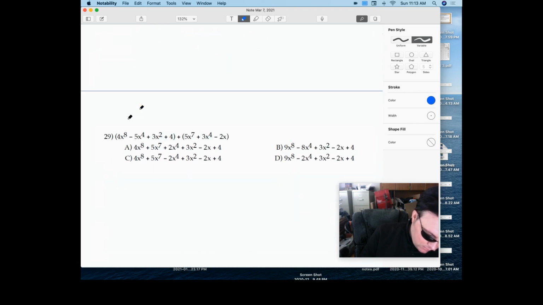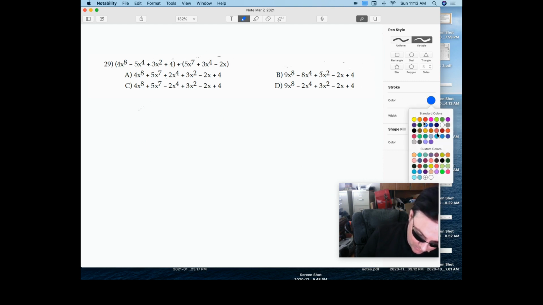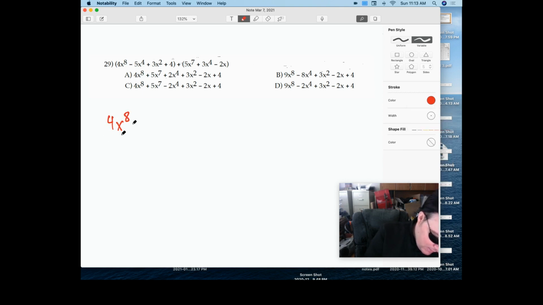Boom. All right. And so more of the same here. You're adding, so don't need to worry about the parentheses. You can drop them. And we got 4x to the 8th minus 5x to the 4th plus 3x squared plus 4. And then we're going to go plus 5x to the 7th.